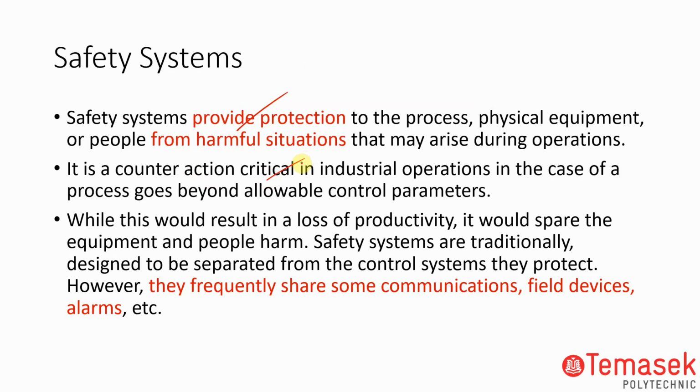When it's running, it will cause a loss of productivity, but it is important that the safety system is traditionally designed to be a separate system. But sometimes they share some communication protocol together. They're built in together, depending on the kind of network protocol that you're using.